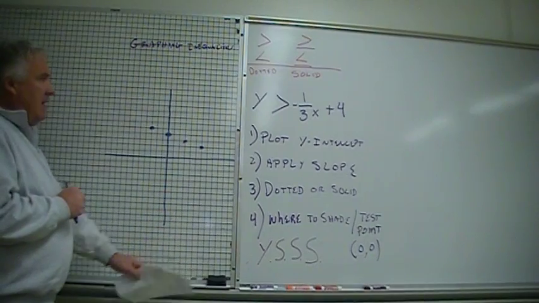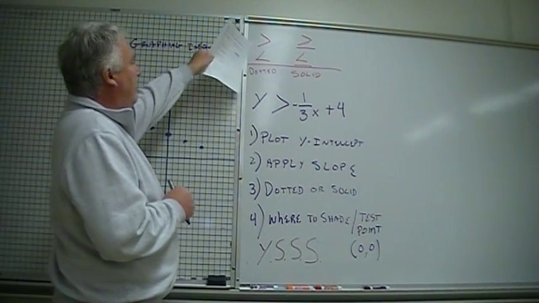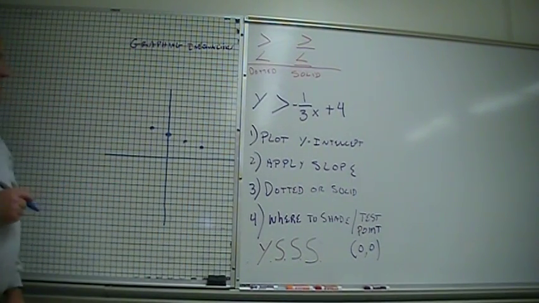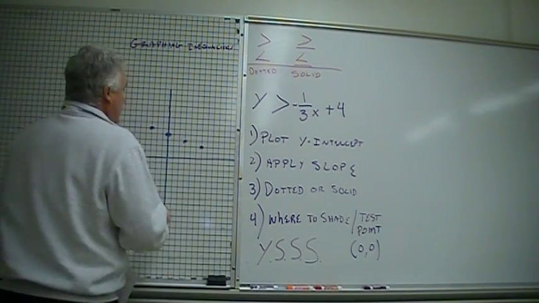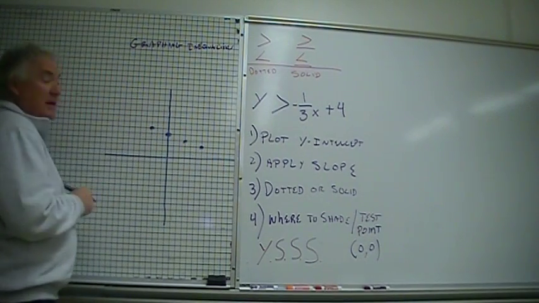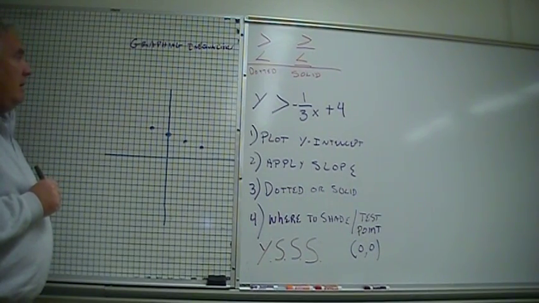So step 3 becomes dotted or solid. At the top of your paper, I've put a key as to whether the line is dotted or solid, which means it includes that line. If it's a dotted line, that means anything on the line doesn't work. But if it's a solid line, things on the line do work.